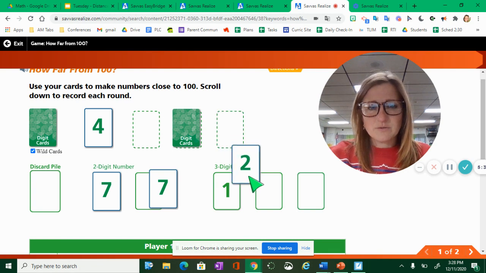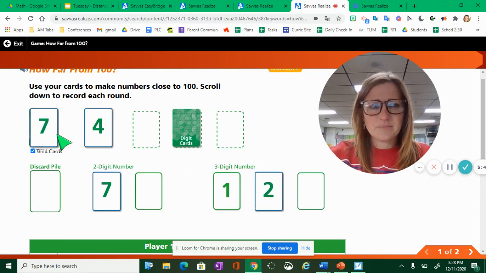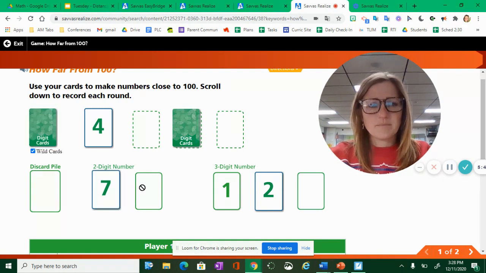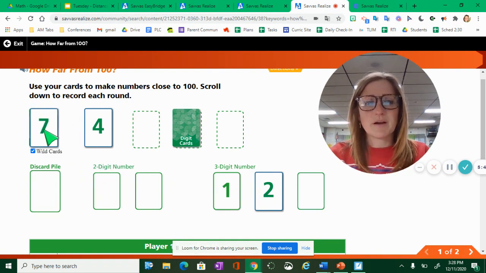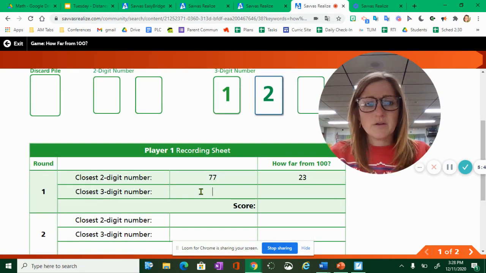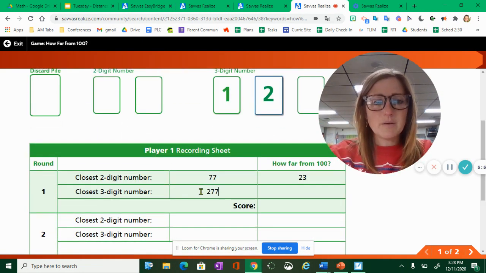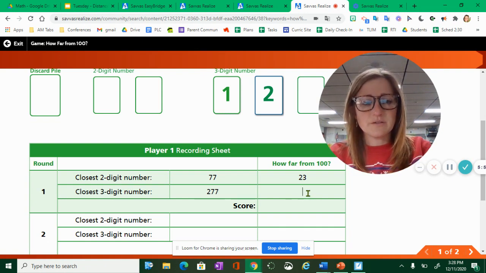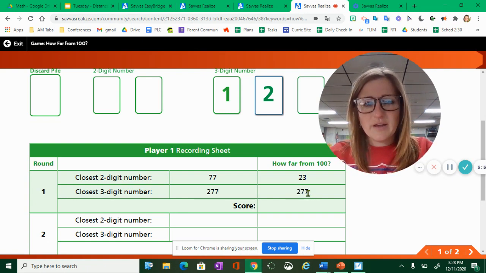Ooh, I have a 2. 277 would be my closest number. It's not cooperating with me. So then I would write down 277 as my number, which is 277 away.